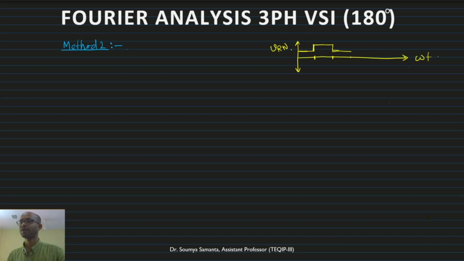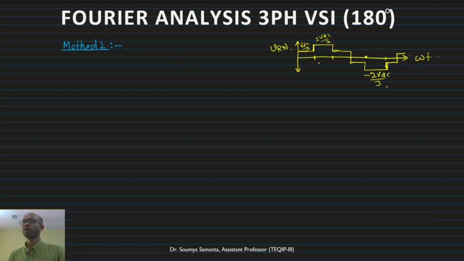I am extremely sorry, this is VDC by 3, this is 2 VDC by 3, this is again VDC by 3, again minus VDC by 3 for the next 60 degree, and then 2 VDC by 3 for the next 60 degree. This way it continues. This is the line phase voltage waveform, the phase voltage waveform. Anyway, you just understand. Minus 2 VDC by 3, this is VDC by 3.